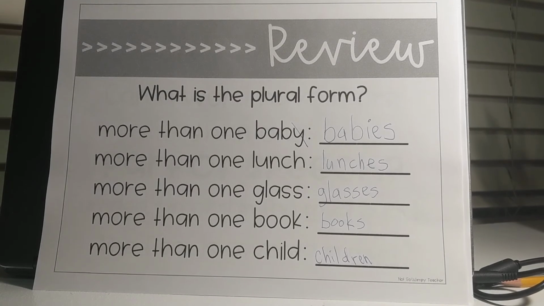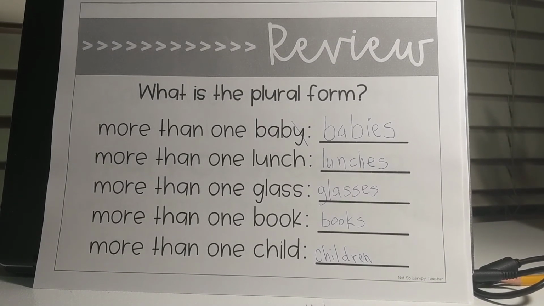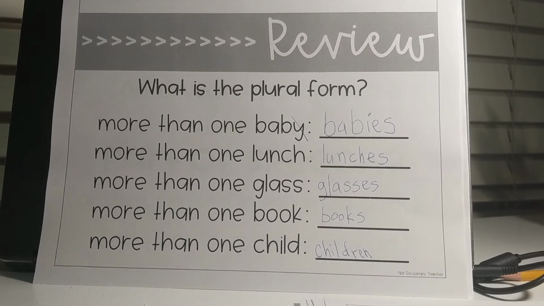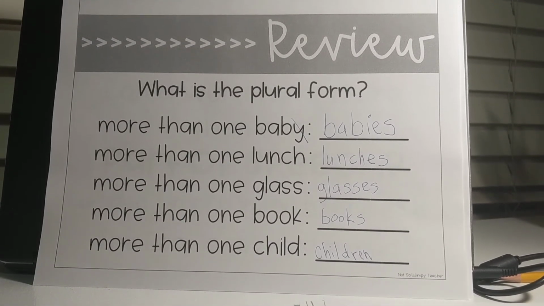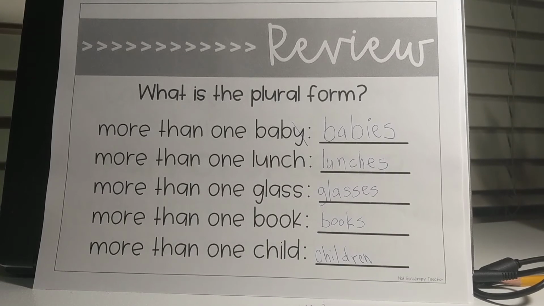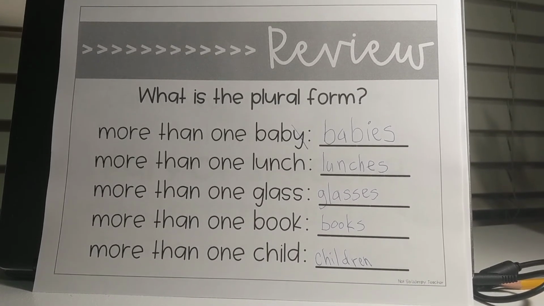The other thing we're going to be working on today is the plural form of nouns. With baby, we take off the Y and add IES for babies. For lunch, to make that plural, we say lunches.